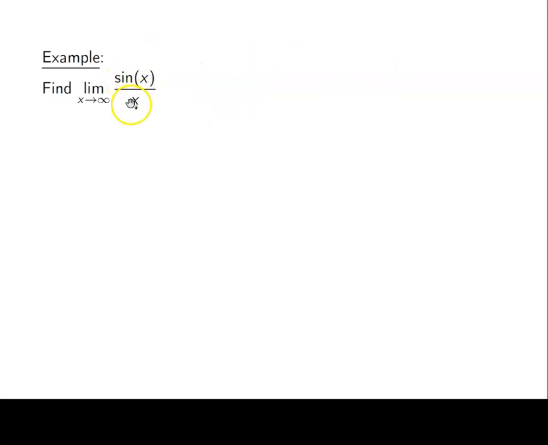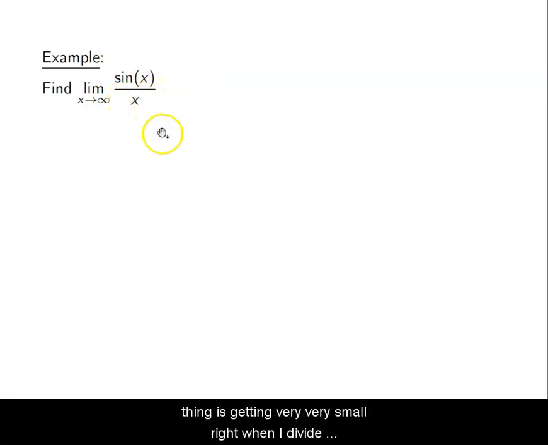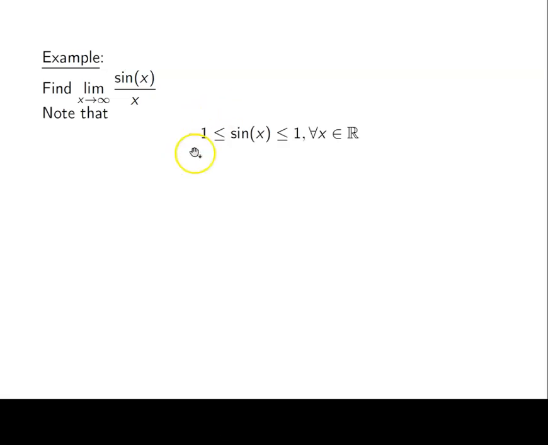It's a wave function. What does x do? x just gets larger and larger and larger. So while this is oscillating, the denominator is getting very, very large, which means overall, this entire thing is getting very, very small. When I divide things by large numbers, it's actually really small. 1 over a million is a very small amount.